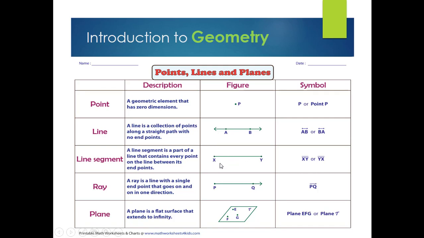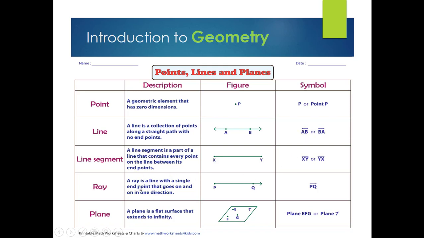That means this line is finite or has an end, the opposite of the line which has no end. And how can I represent it? XY or YX. Focus on the line above the X and Y. It is different from the AB or BA.